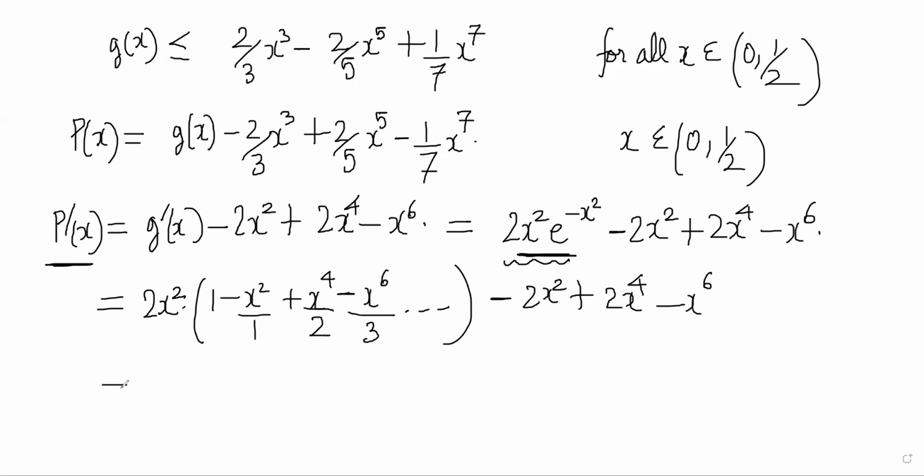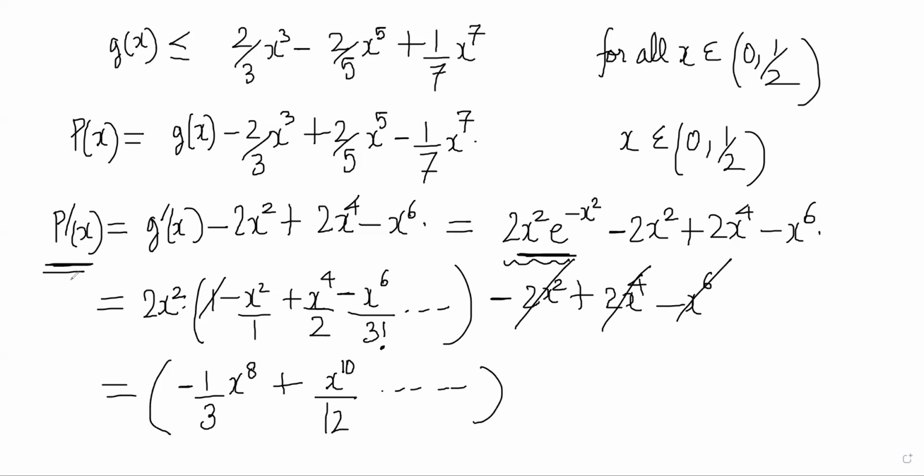This calculation, if you do, you will notice that 2x square gets cancelled with this term. Minus 2x power 4 will also get cancelled. And x power 6 will also get cancelled. So you'll be left with minus 1 by 3 x power 8 plus x power 10 by 12 and so on. This is what is coming as p dash x.